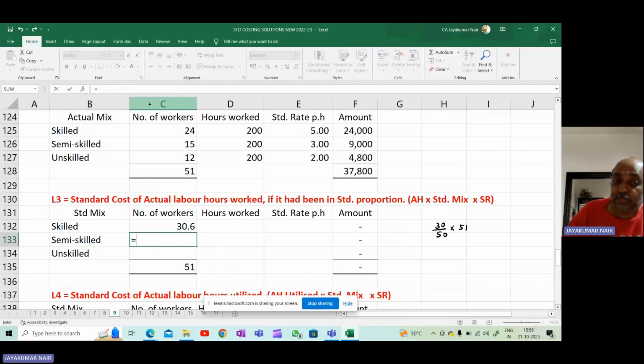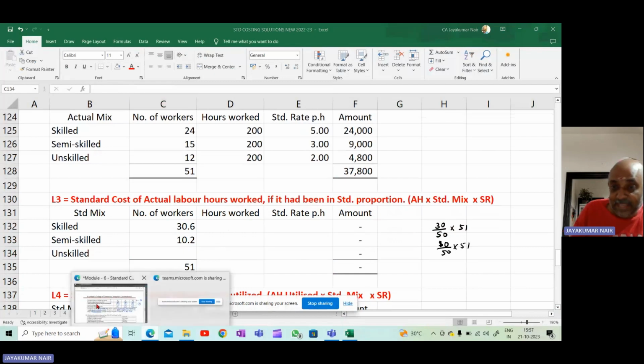Do you understand? You may ask me, how can you have 30.6 skilled workers? You can't have decimals. But this is only the calculation of the mix. You have to consider this decimal. So the semi-skilled, how do you do? It will be 10 out of 50 into 51. So 10 out of 50 into 51 will give you the standard mix.